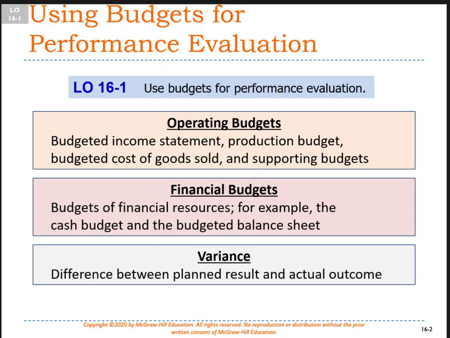All right, key thing is, remember, okay, variance is a difference. Not good or bad, right? It's just different than what we planned. So remember that initially. So a variance is just different from what we expected or different from what we planned or what we budgeted.